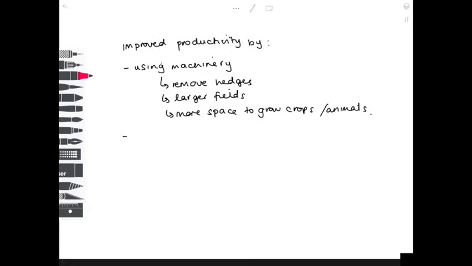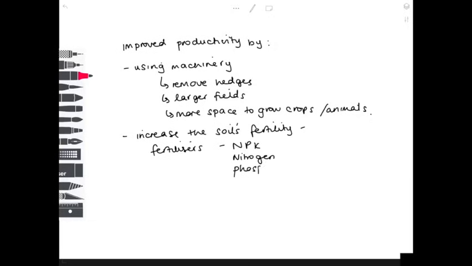A large part of productivity to do with growing crops is how fertile the soil is. So we can increase the soil's fertility by using fertilizers, often NPK ones, which remember contain lots of nitrogen, phosphorus and potassium, which are all needed to encourage healthy root growth, prevent yellow spots, help build plant proteins, etc. Coupled with this is the use of pesticides.